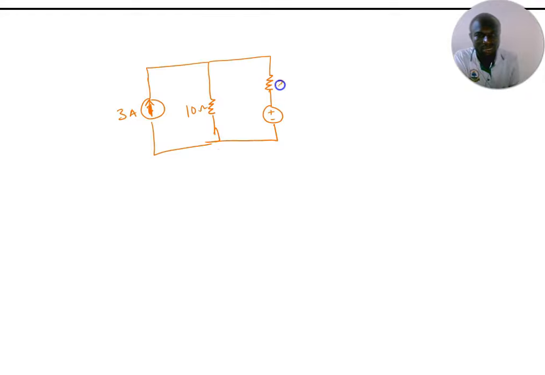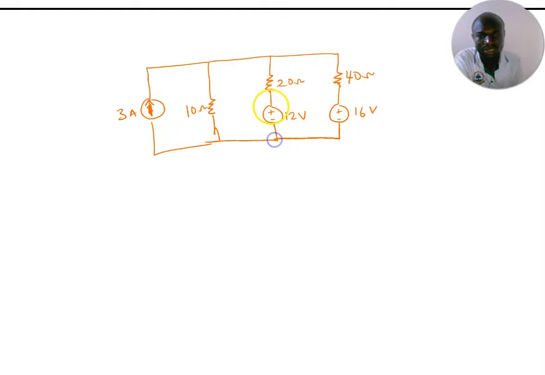This is 20 ohms and 12 volts. Then we also had a 40 ohm here, which was coupled to a 16 volts. You get it? And the question was saying that we should find the current that is flowing through the 10 ohm resistor.